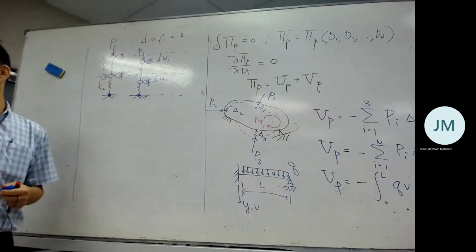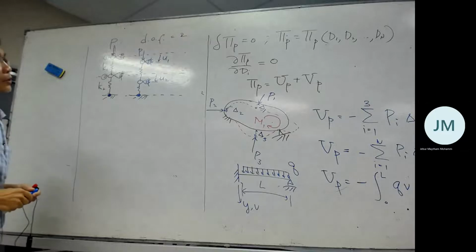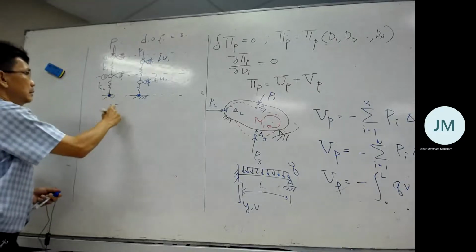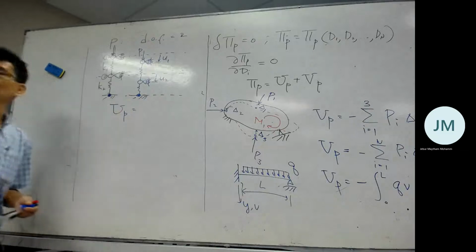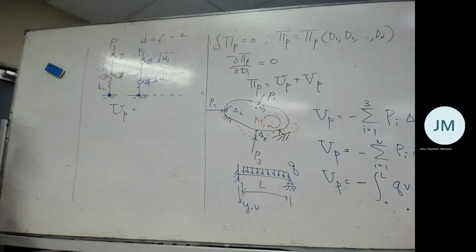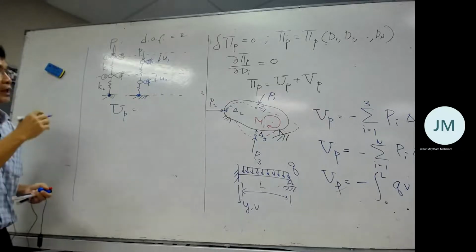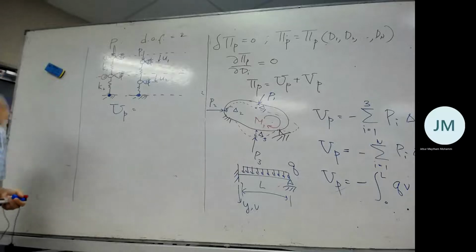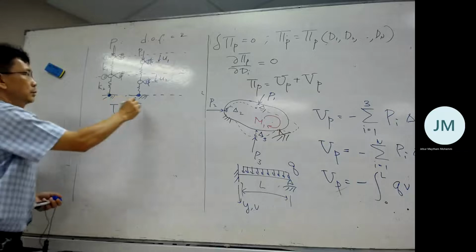Now we want to solve using PMPE, meaning that we need to get the strain energy. This is an axial deformation problem, so the strain energy for axial deformation for a spring.